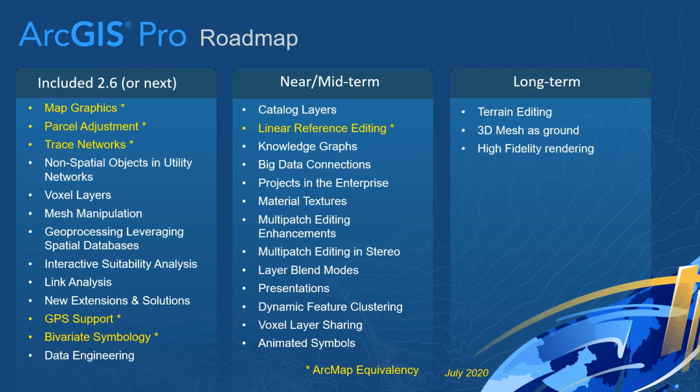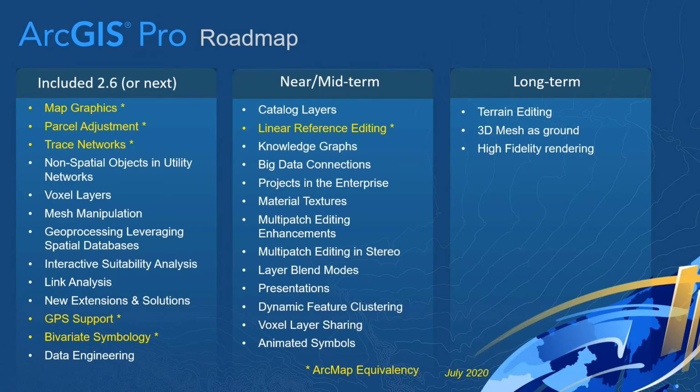There's also geoprocessing leveraging spatial databases. These are new options to run certain geoprocessing tools like buffer, spatial join, select, or intersect as queries in databases that support these options, which will result in improved performance. Underneath the spatial databases is the interactive suitability analysis.